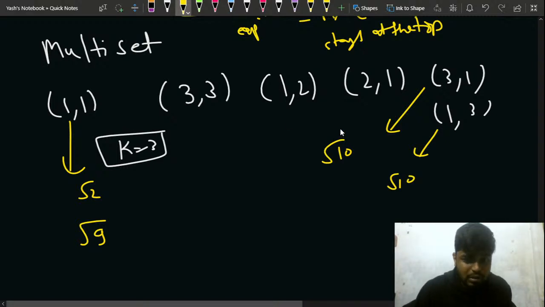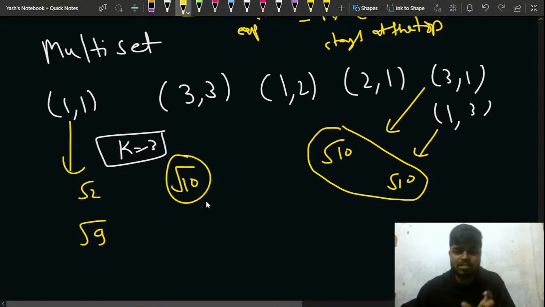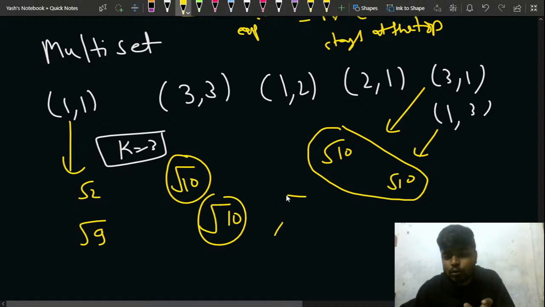A multiset stores everything in ascending order. But you know that in a set, under root 10 will be stored only once, while in a multiset this under root 10 will be stored, and this under root 10 will also be stored. Everything stored in the multiset will be in sorted, ascending order.